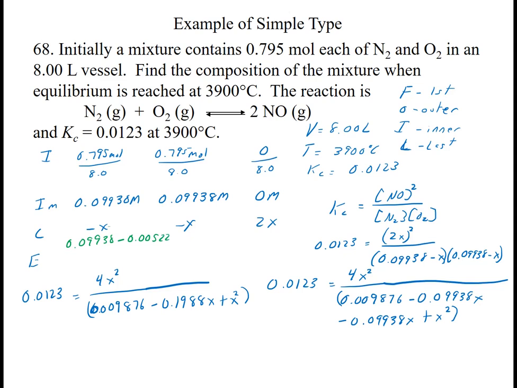I get 0.0942 molar, 0.0942 molar, and then this is 2 times the 0.00522 to give me 0.0104 molar.